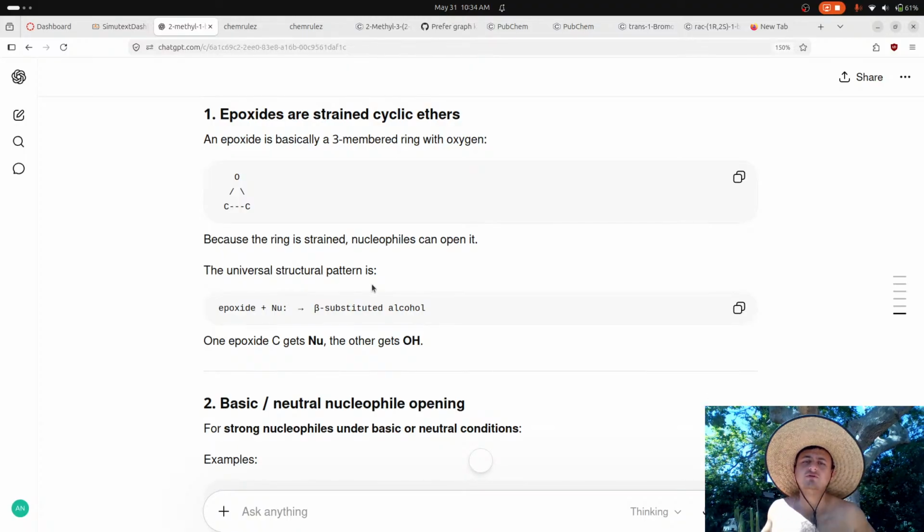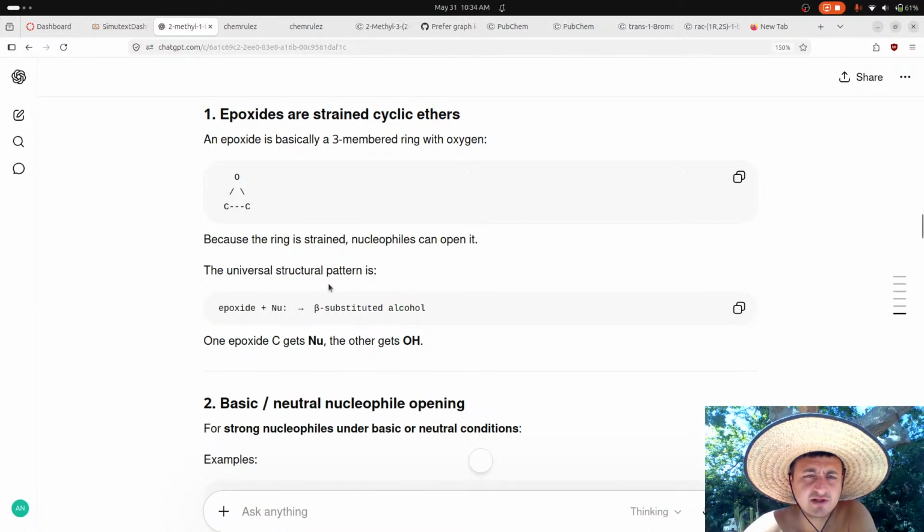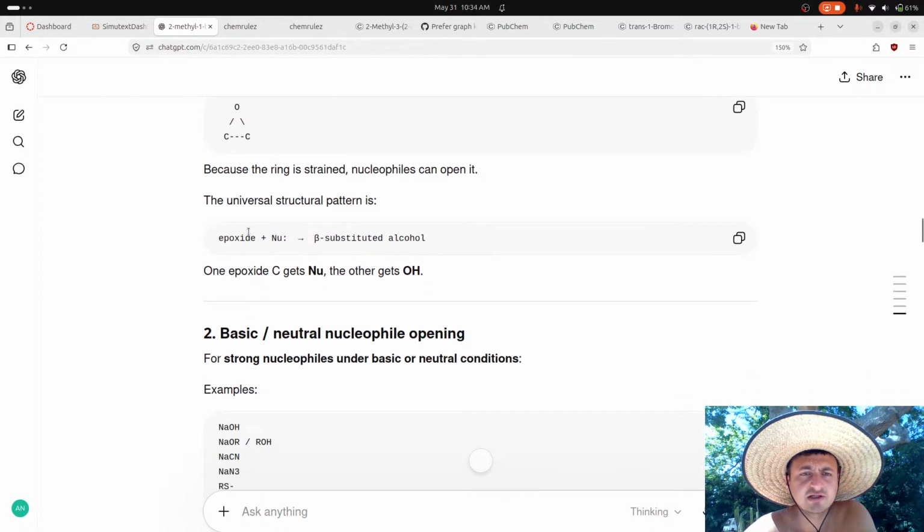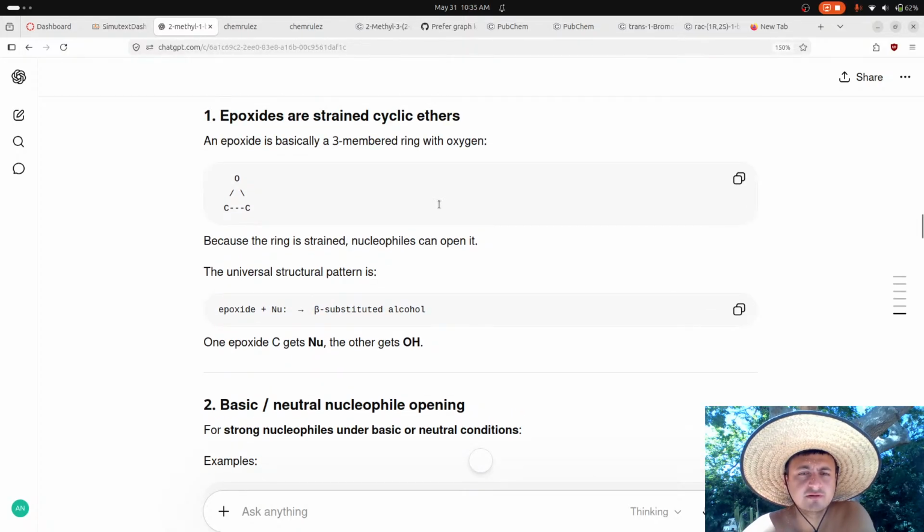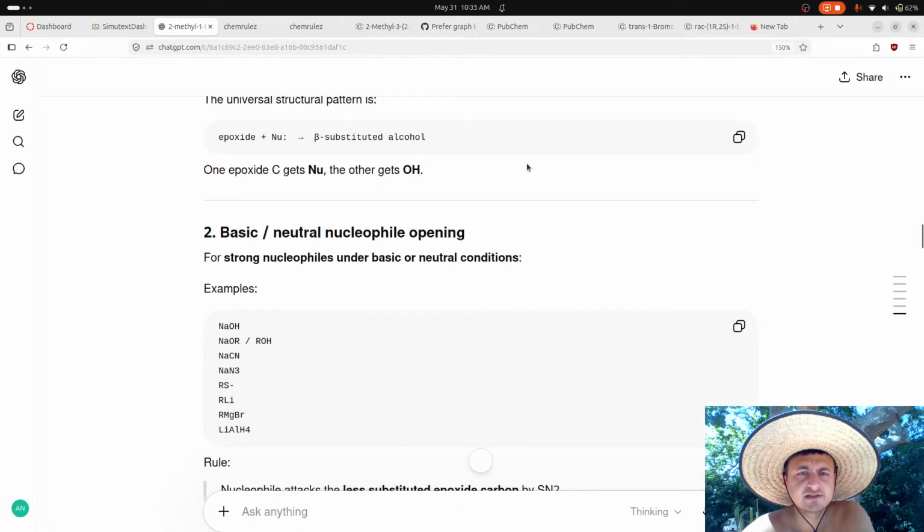You know what I want too? I want ring closures and ring openings and like I want intermolecular reactions. Let's keep going. Because the ring is strained, nucleophiles can open it. The universal structural pattern is a nucleophile beta substituted alcohol. Okay. Alright, that makes sense.